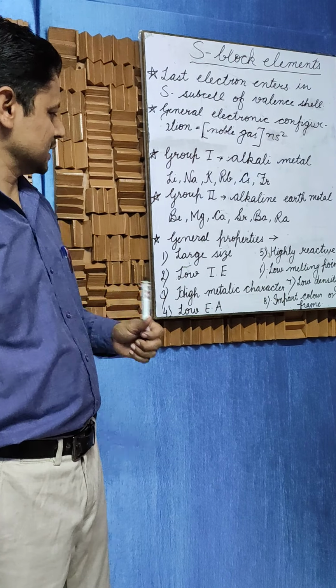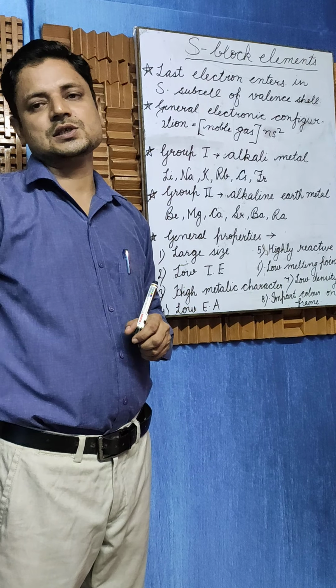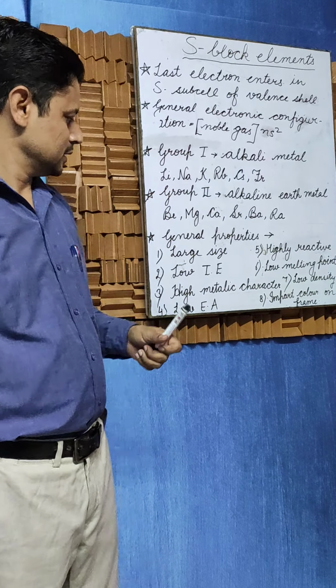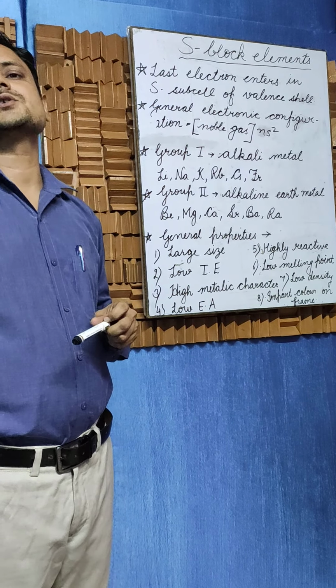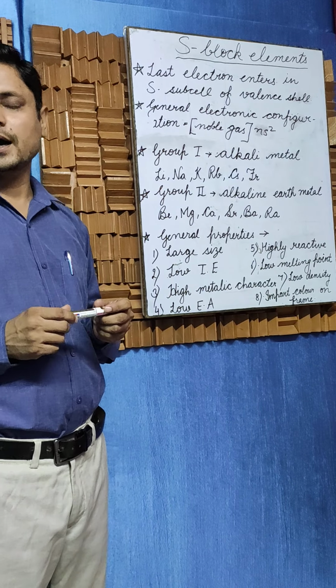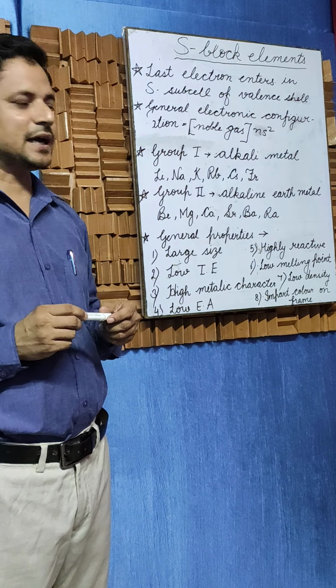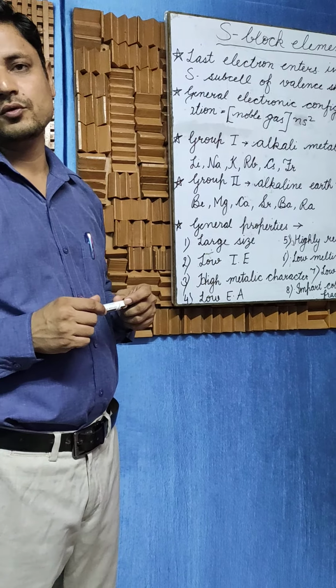Now we will discuss general properties of S block elements. The first property of S block elements is large size. All the S block elements have large size, and the size increases as we move down the group.